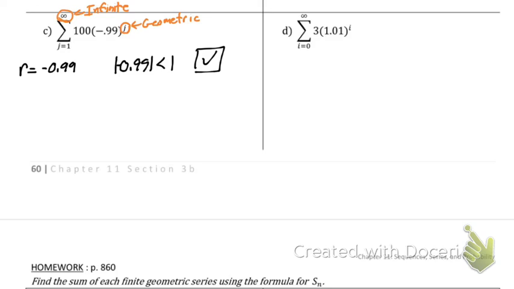To find our sum, we need the r value and the first term. Our first term is plugging in 1 for j. So we are going to have 100 times negative 0.99 to the first, which should come out to negative 99.